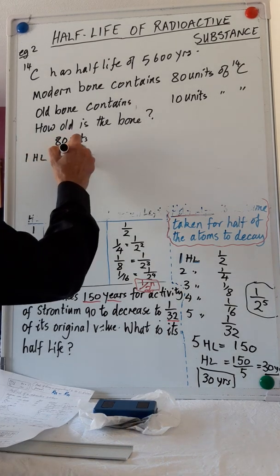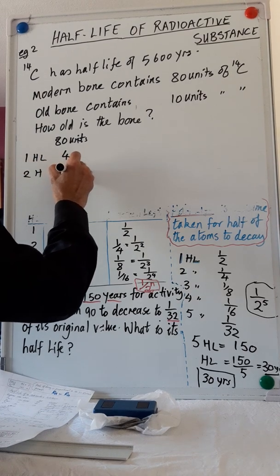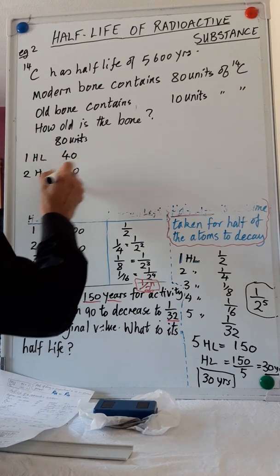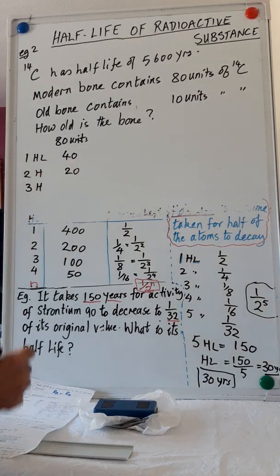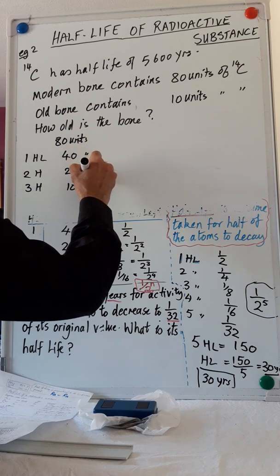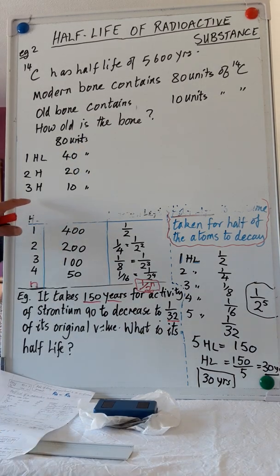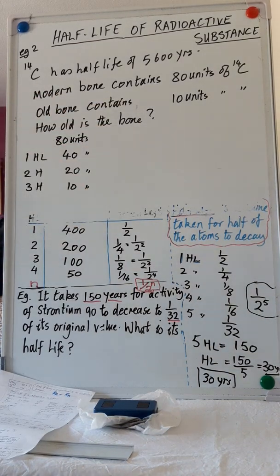Half of 80, which is 40. After two half-lives, it will be half of 40, which is 20. After three half-lives, half of 20 is 10 units. So 10 units are left after three half-lives.